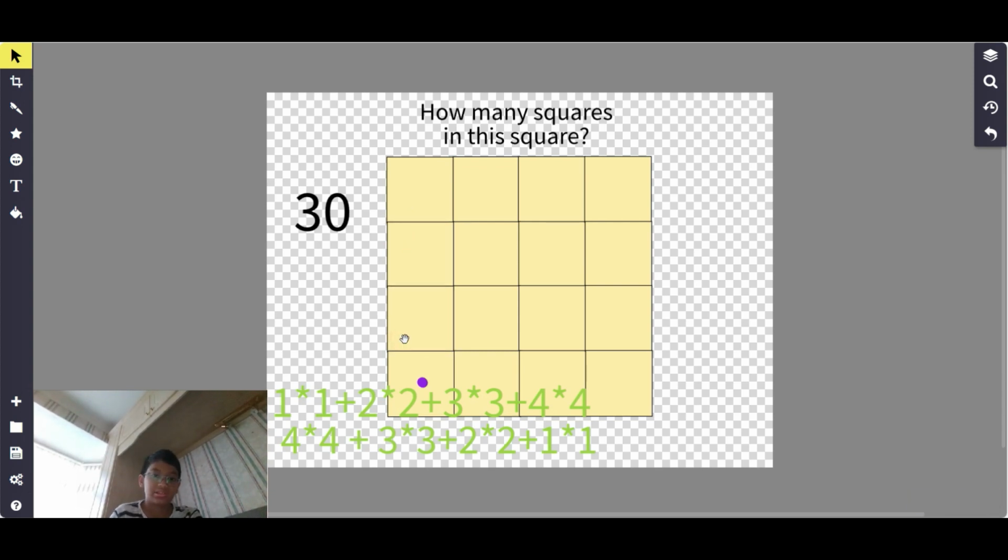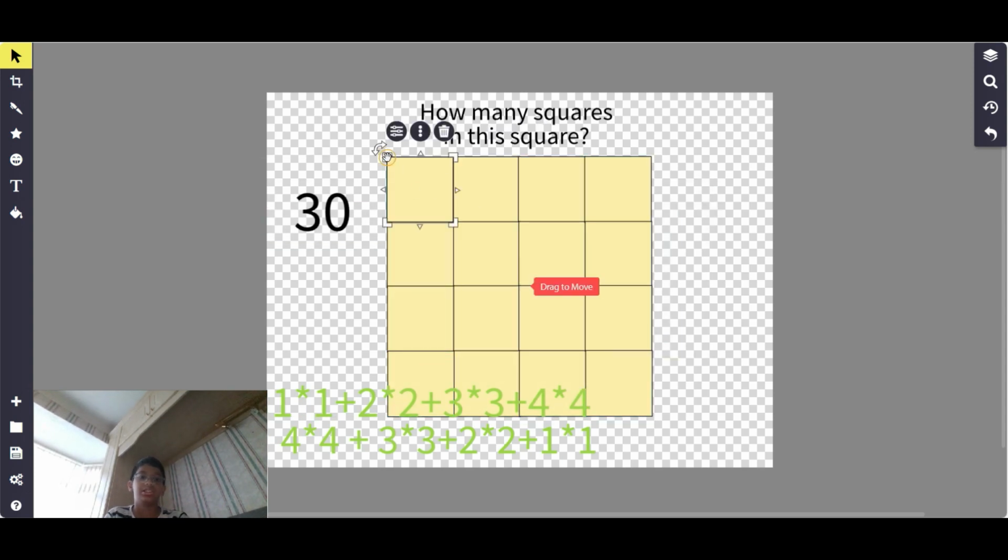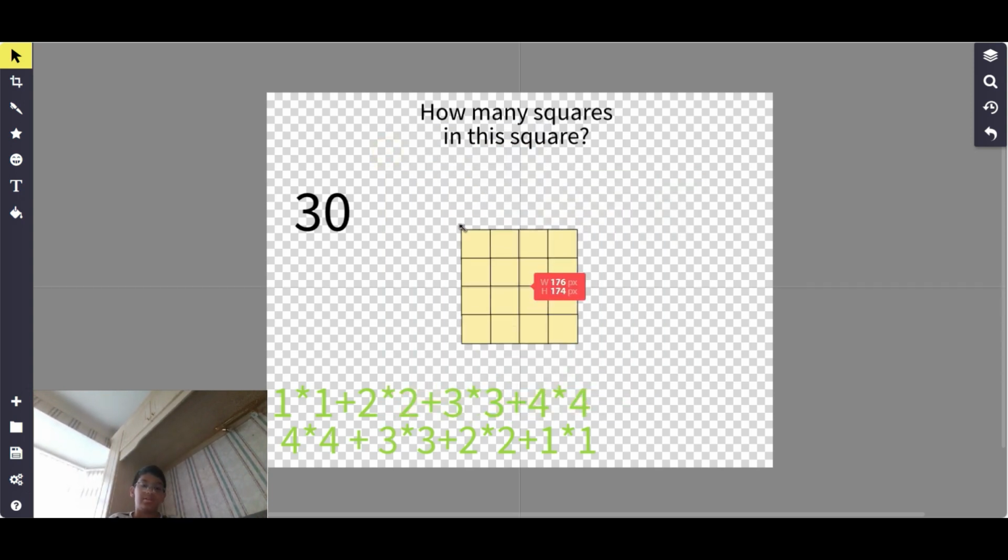These are the drawings. Finally. Let me reset. So, I just made it smaller.